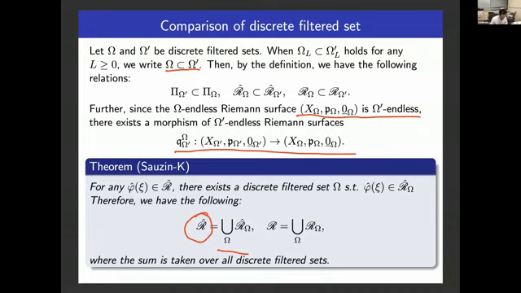So the space of endlessly continuable functions is exhausted by omega-continuable functions. And so in this way, we can represent any endlessly continuable function using some discrete filtered set omega, as an omega-continuable function.